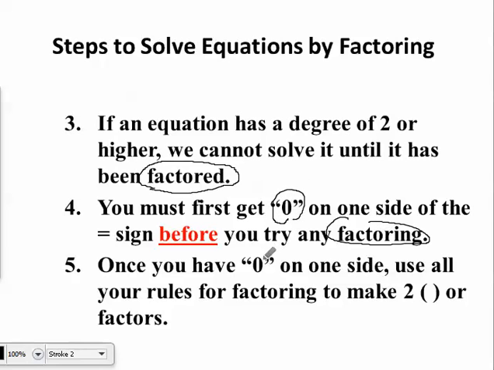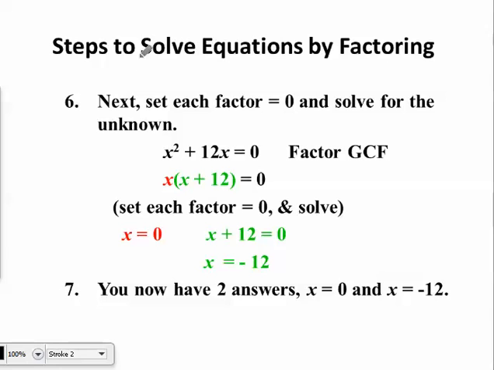Once you have a 0 on the side, you use all your factoring rules to make 2 or more factors. And then what are you going to do? Well, everything equals 0. So we can say once I factor it, then either the x or the x plus the 12 in this situation has to be 0. Why? Because I've got a 0 as my product.